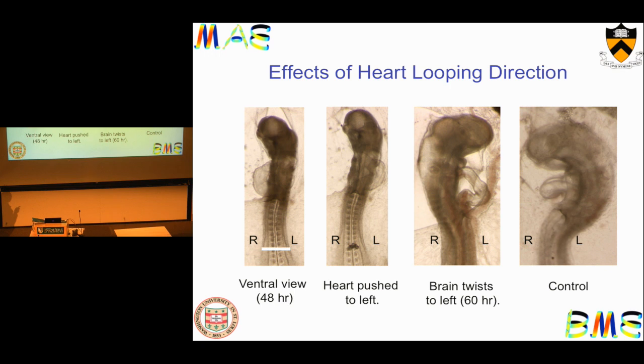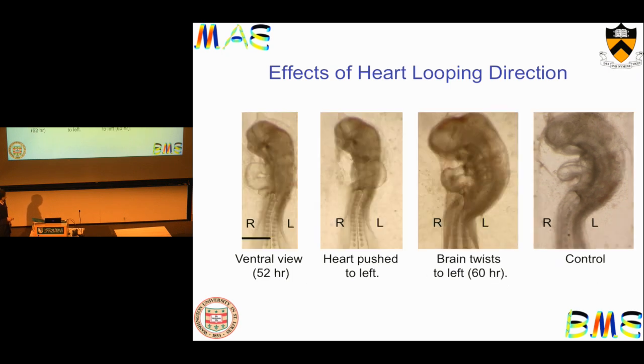Then we culture it for about 12 hours, and we found that the brain actually twists leftward in comparison to that in a normal chick embryo. That supports our hypothesis that it is because of the asymmetric position of the heart that there's a preferred twisting direction of the brain.